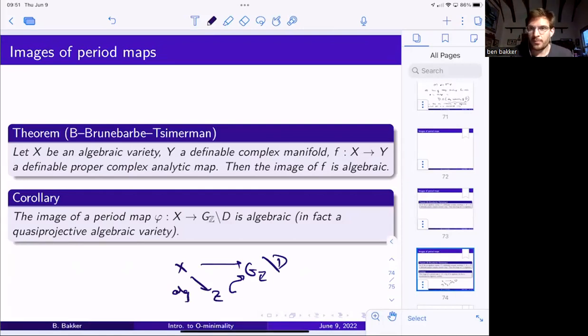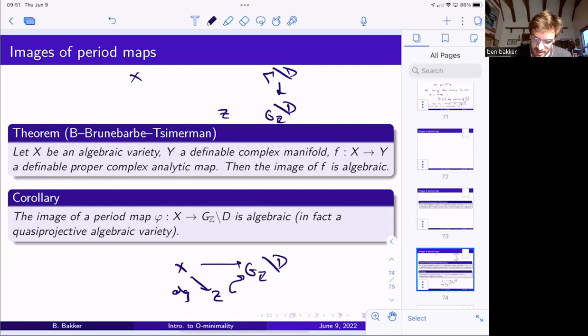This is what I was saying before about the only difference between the map to D mod gamma versus D mod GZ being some finite index thing. We have D mod GZ, and we have D mod the monodromy. We can take X and look at the image down here, and we get this Z, and the image in here, let's call it Z prime.